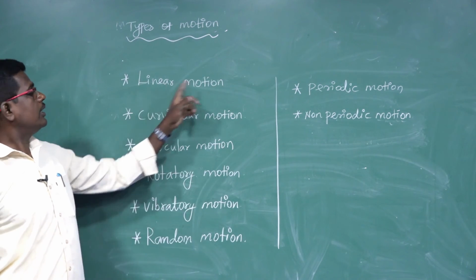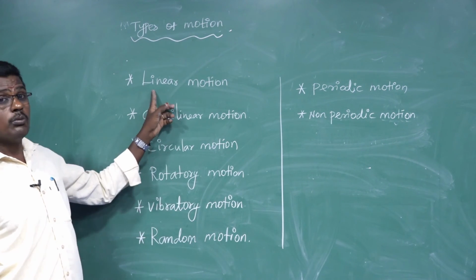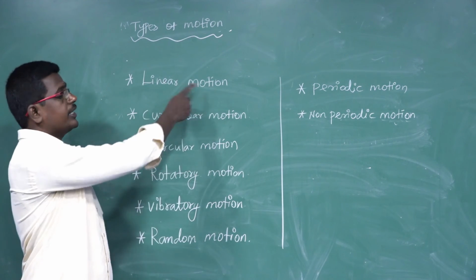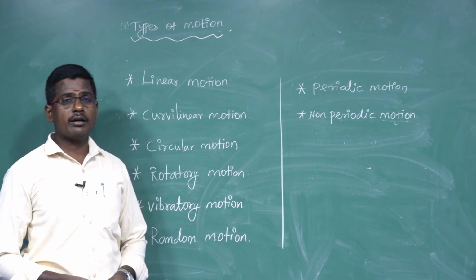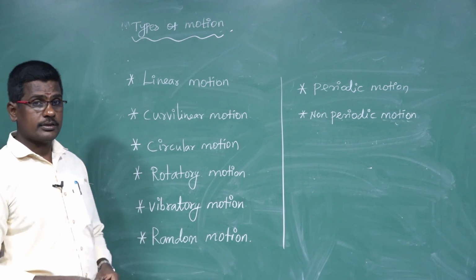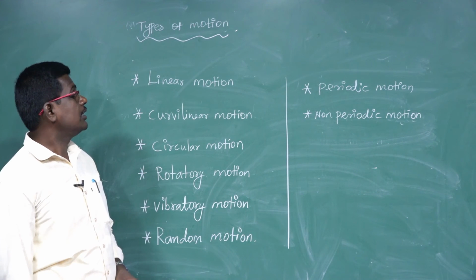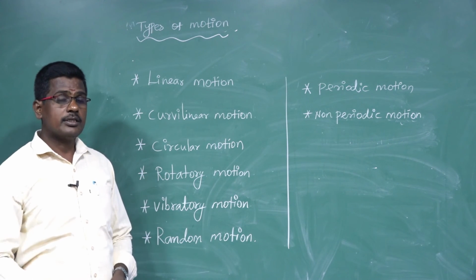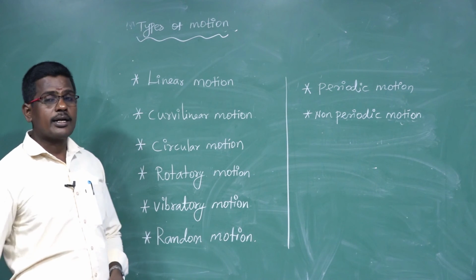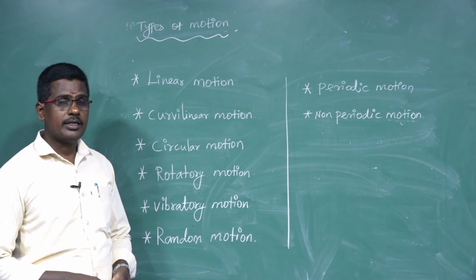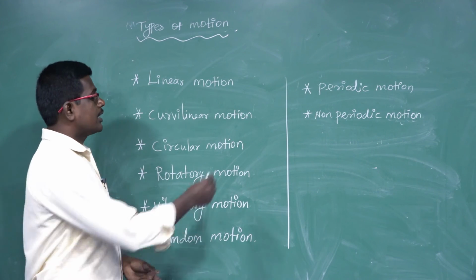First one, linear motion. When a body moves in a straight line, it is called linear motion. Example: a person walking on a straight path, a coconut falling from a tree, an athlete running 100 meters. Next is curvilinear motion.